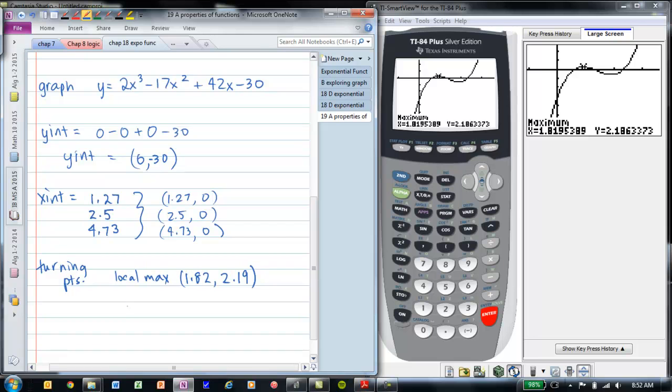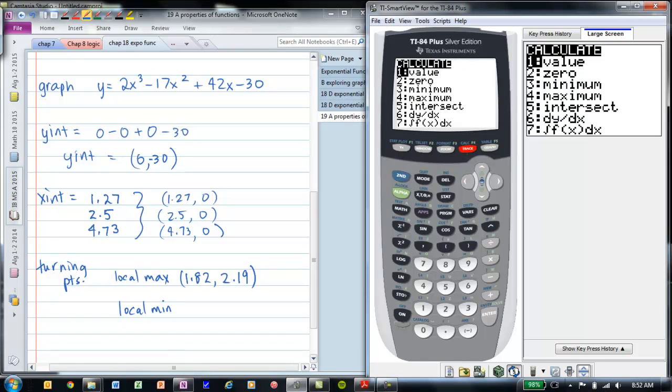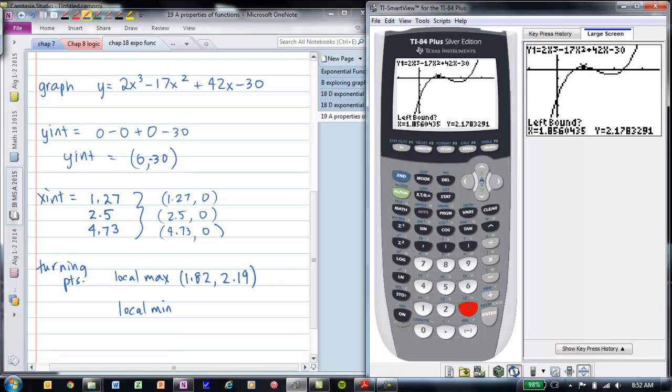Now we're going to do it again, and we're going to find the local min. Again, we use second, calc, and we're going to choose this time the minimum, which is 3. And again, it asks us the same question, so we want to be slightly left of where we think the minimum is, and then slightly right of where we think the minimum is, and then directly in the middle where we think the minimum is, and then the calculator figured it out for us.